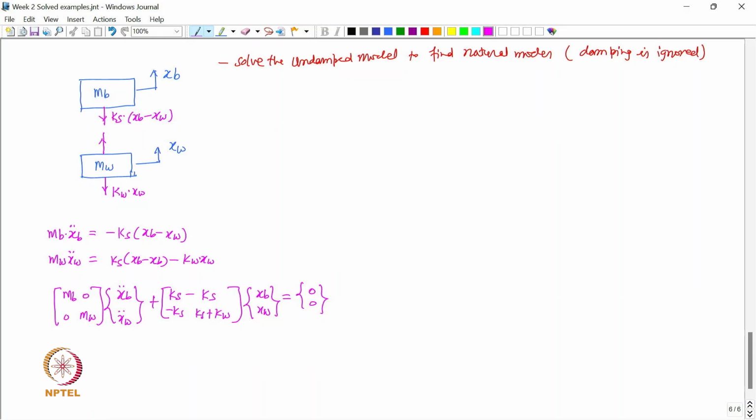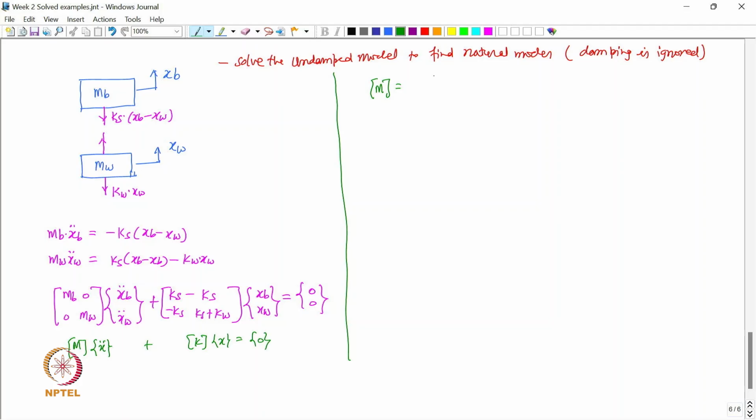Now, using the parameters given to us, we have the mass matrix, the stiffness matrix, the x double dot vector, and the x vector.